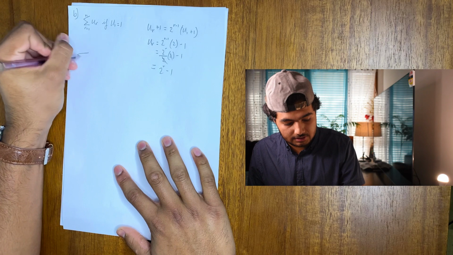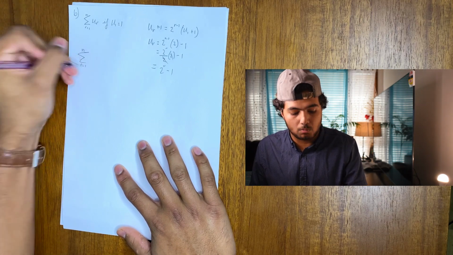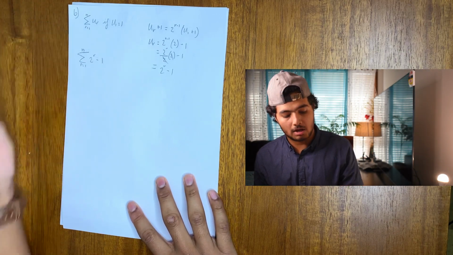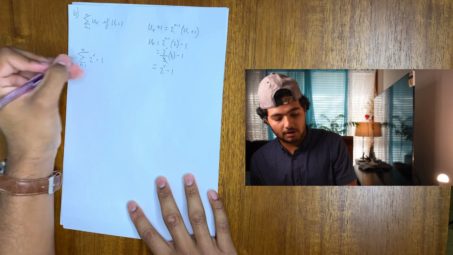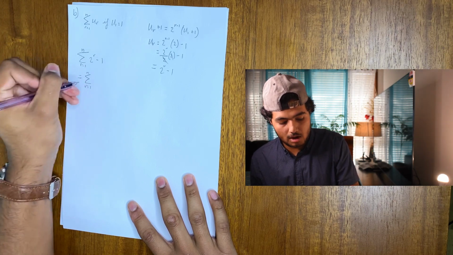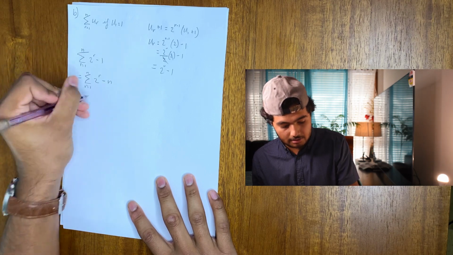Okay, let's sub this into this over here. So rewrite this, sigma n, r equals 1, we have 2 of r minus 1. Further rewrite this as sigma r equals 1, we have 2 of r minus n.